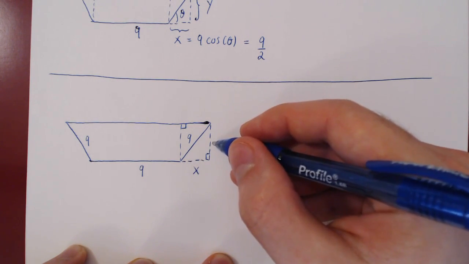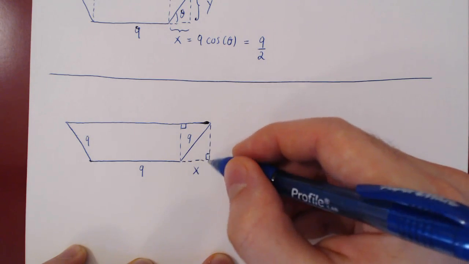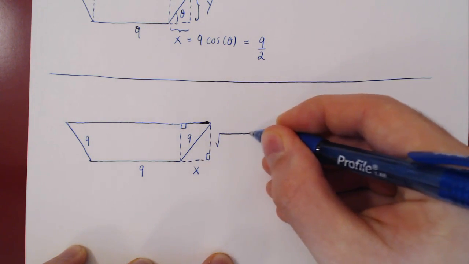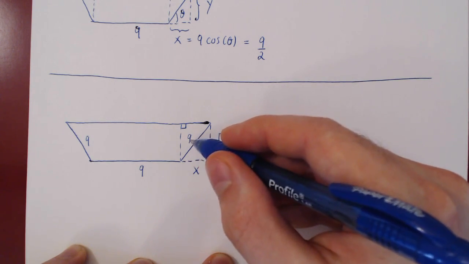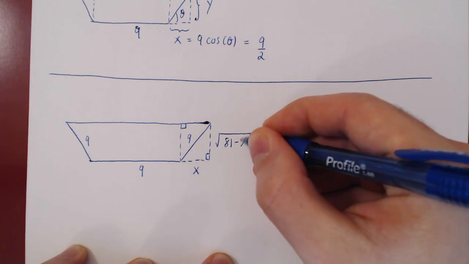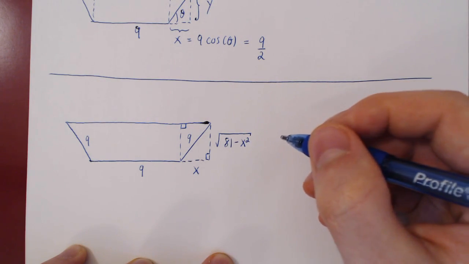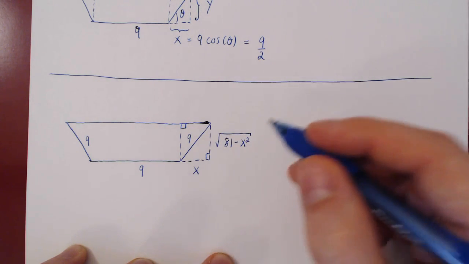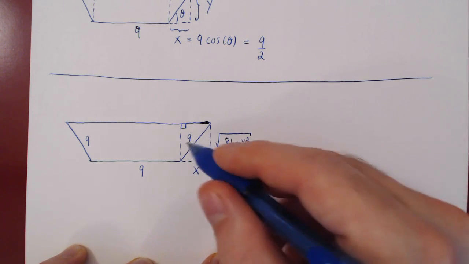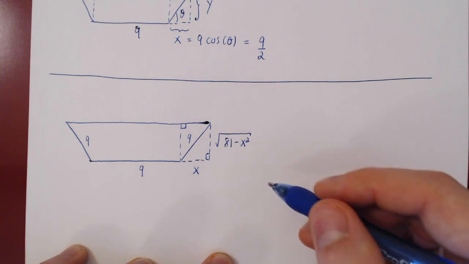This we called y, but if we use Pythagoras' theorem, this will be the root of 9 squared minus x squared, so 81 minus x squared. By Pythagoras' theorem, if you prefer, this squared plus this squared is clearly 9 squared, which is 81.